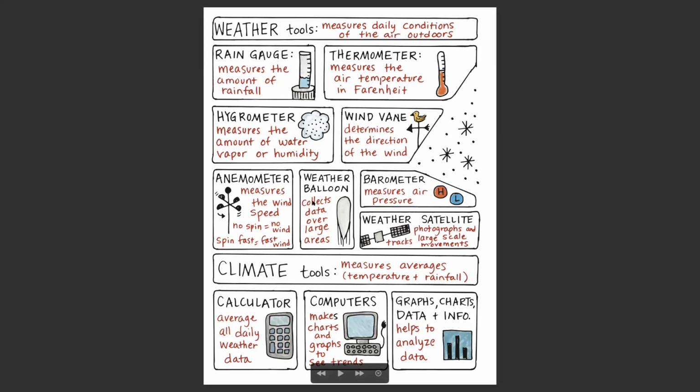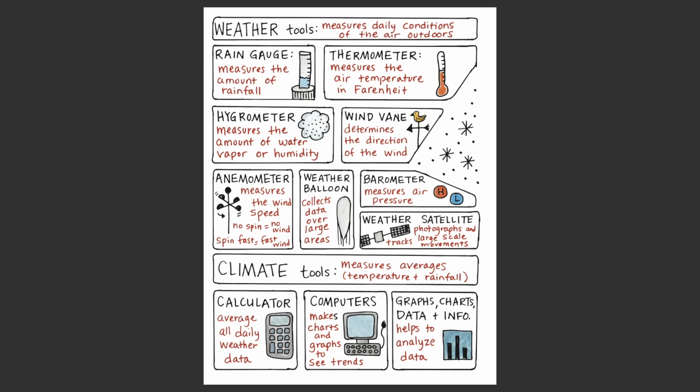And here's the thing. They're called climate tools because we're taking the data from all of the different weather tools, because weather is daily conditions. We put them all into a spreadsheet and figure out what the weather is like over a long-term basis.